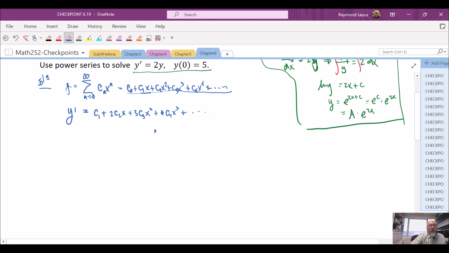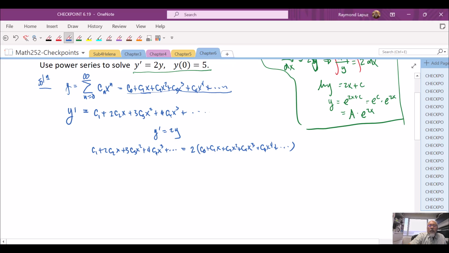So our differential equation is y prime is equal to 2y, and y prime is equal to c sub 1 plus 2c sub 2 x plus 3c sub 3 x squared plus 4c sub 4 x to the third plus dot dot dot. That's supposed to equal 2 times y, which is the original c sub 0 plus c1 x plus c2 x squared plus c3 x cubed plus c4 x to the fourth plus dot dot dot.